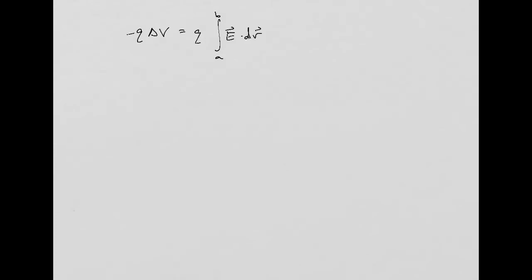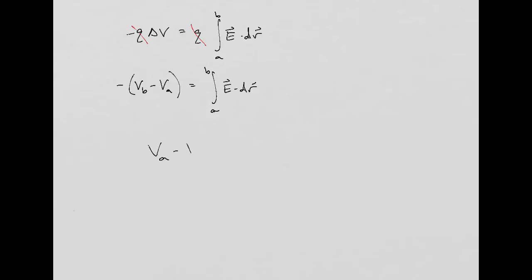Okay. The Q's here are going to cancel. And since minus signs are stupid to work with, let's rewrite this delta V. We have minus (VB minus VA) equals the integral A to B E dot dr. So let's just take the minus sign in there and we'll just flip.